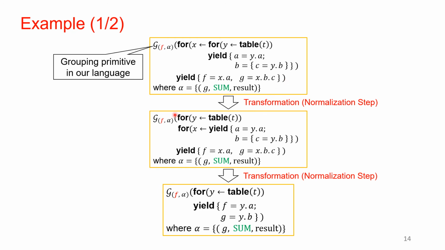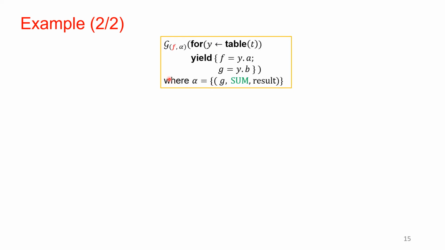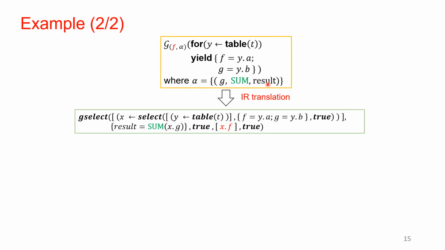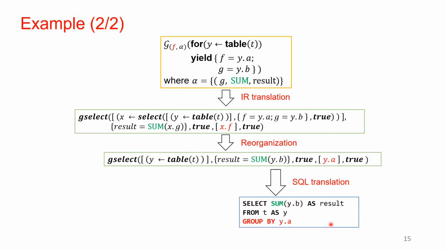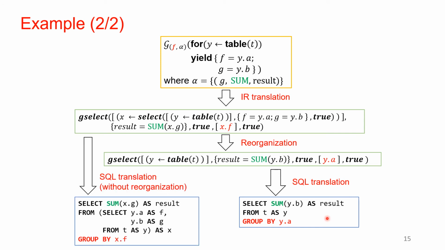Since this term is already in decomposed form, we can transform it to a normal form. The normal form is translated to our IR, and then we apply the reorganization algorithm, and finally get an SQL query in this form. If we don't reorganize the normal form, we obtain the left term, which has nested queries. So reorganization works well for this example.